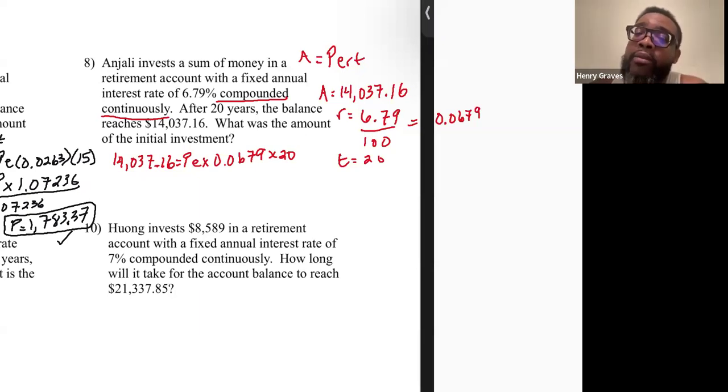That means it's going to be P times E to the 3.69143. So P times 3.69143 is equal to 14,037.16. If I divide both of these by the 3.69143, I'm going to get my answer.